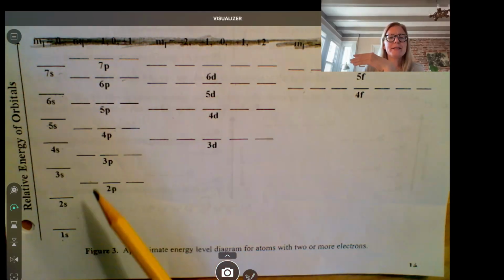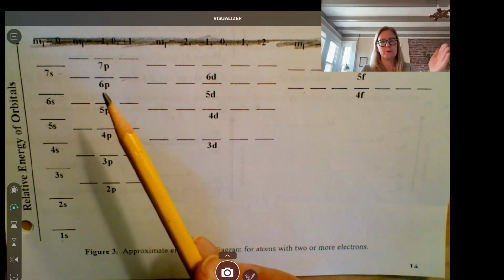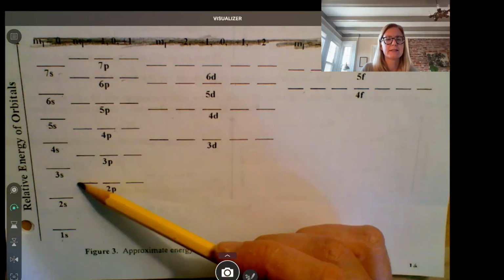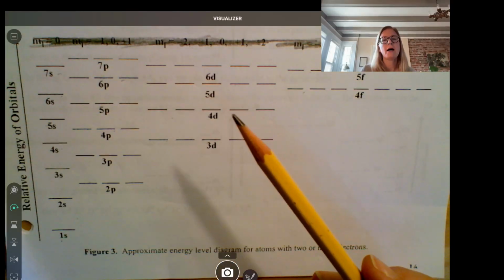So you can tell the energy levels get closer together in energy as you get further from the nucleus. So at first it's very easy to tell what's next, and then it gets a little murky, okay?